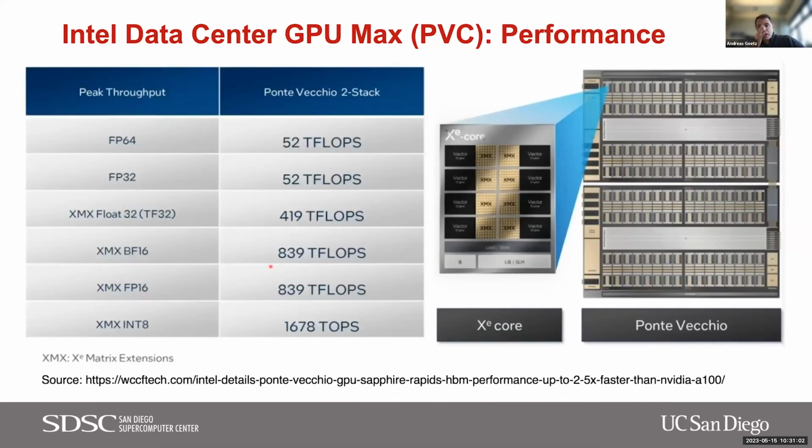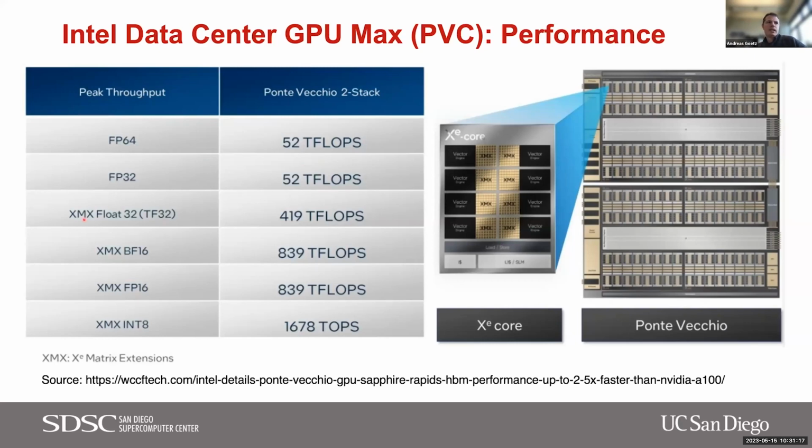And then if you look at the specs, the peak throughput of that hardware, in FP64 and FP32, gives you 52 teraflops, right? I mean, that's pretty impressive hardware, right?